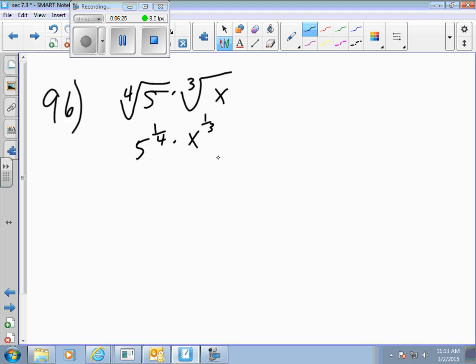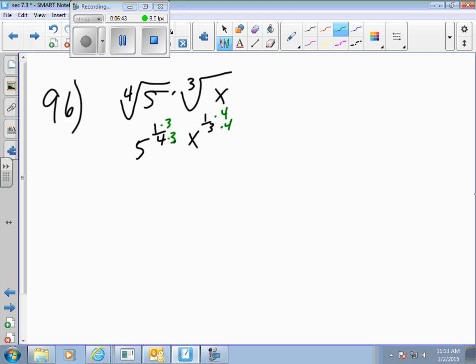And if I want to put them under the same radical, they have to have the same denominator. If I have a 4 in the denominator and a 3 in the denominator, I multiply to get a common denominator, multiplying top and bottom by 3, multiplying the top and bottom by 4.